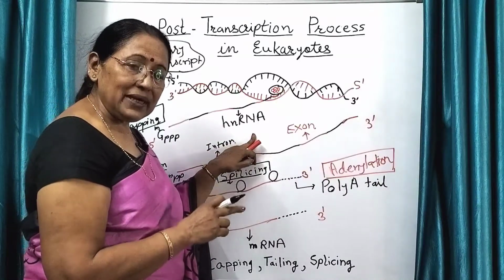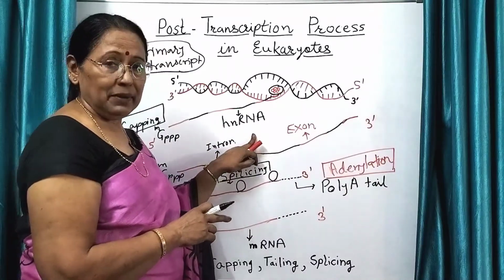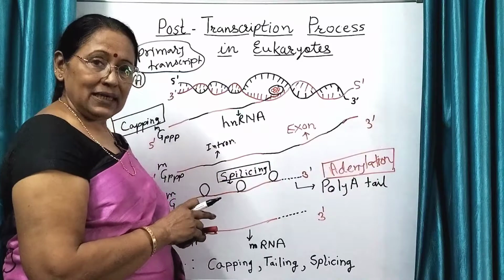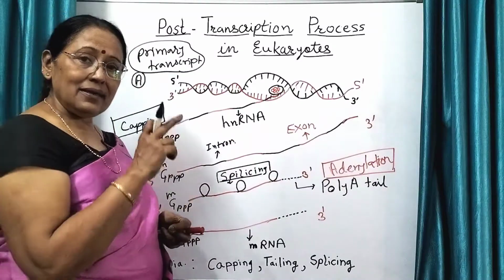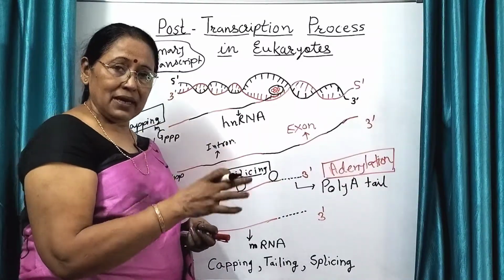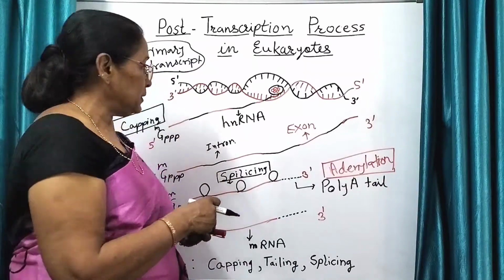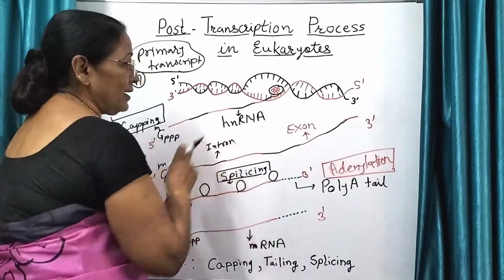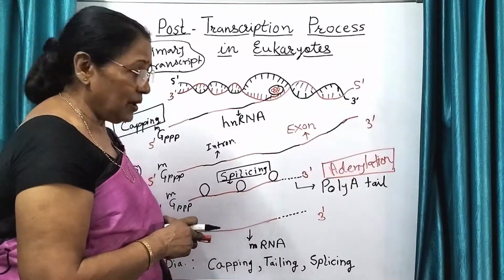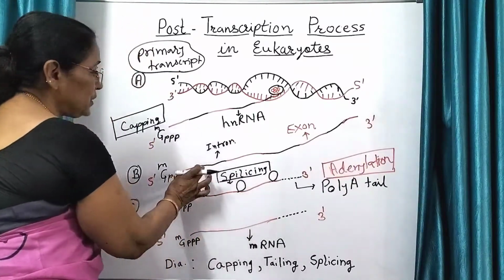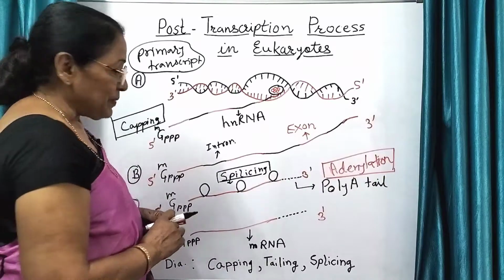This heterogeneous nuclear RNA is not capable of starting translation. Whereas in prokaryotes, the mRNA which is formed can immediately start translation, but this heterogeneous RNA cannot, because it has two types of sequences.